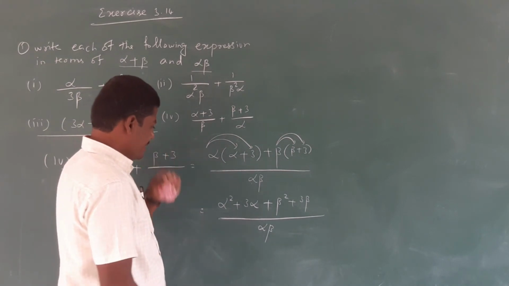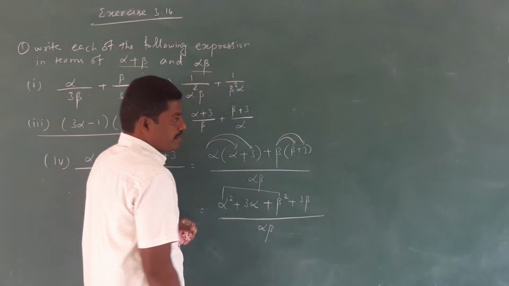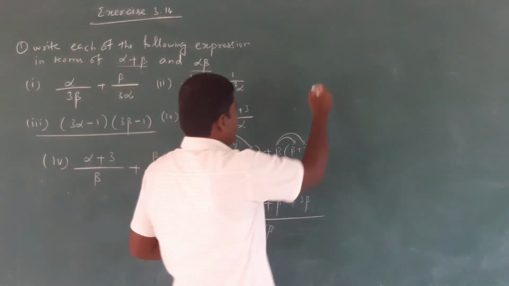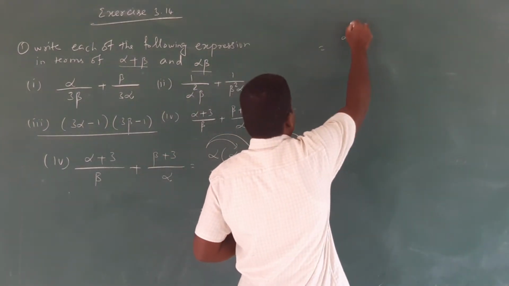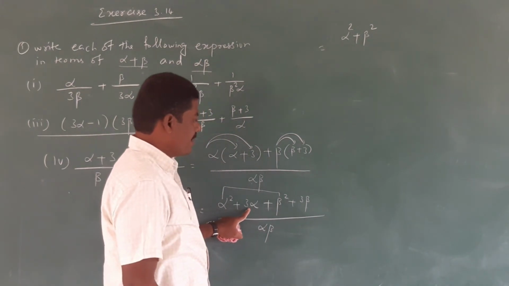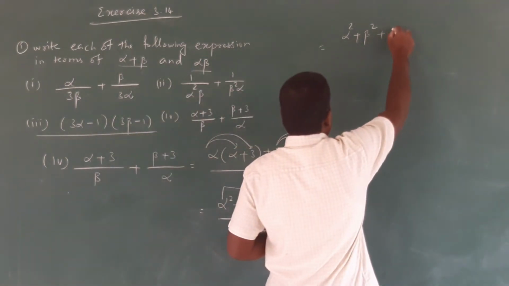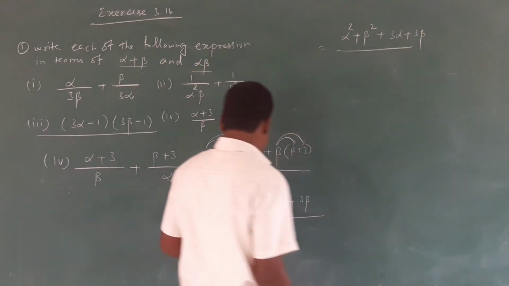From this numerator, we have a formula in alpha square plus beta square. First we arrange these terms. Arranging the terms we get alpha square plus beta square plus 3 alpha plus 3 beta, divided by alpha beta.